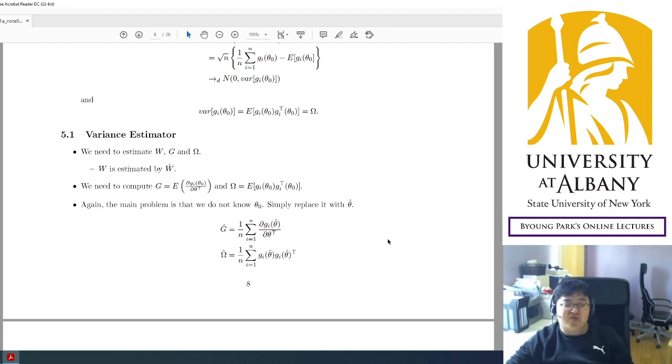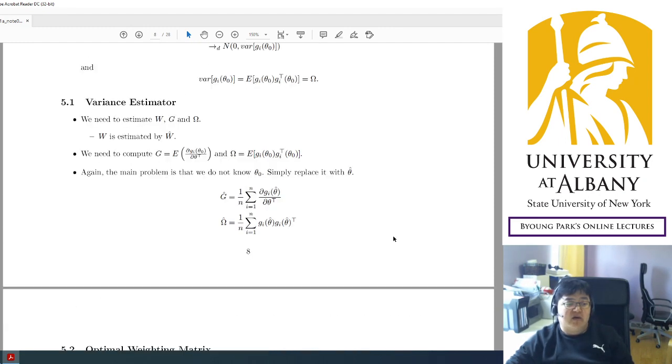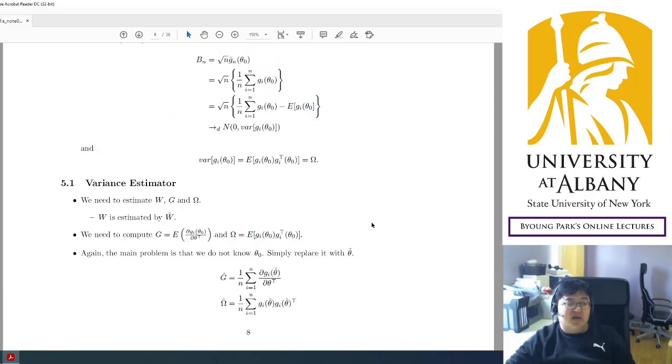So this is how you estimate omega hat. Then this is how you can implement it, you can estimate the variance matrix. So this is the asymptotic variance and how you estimate the asymptotic variance.